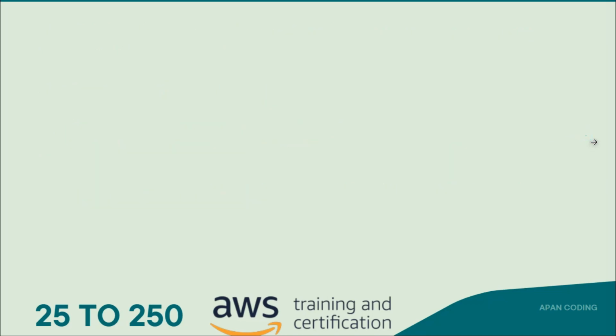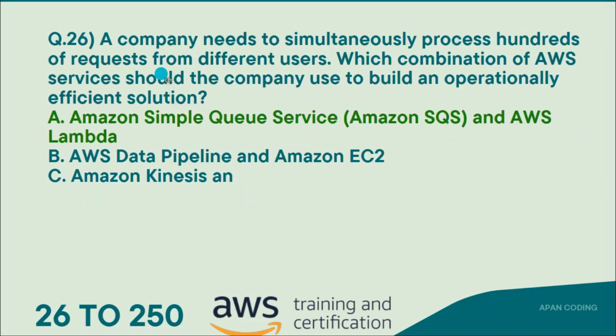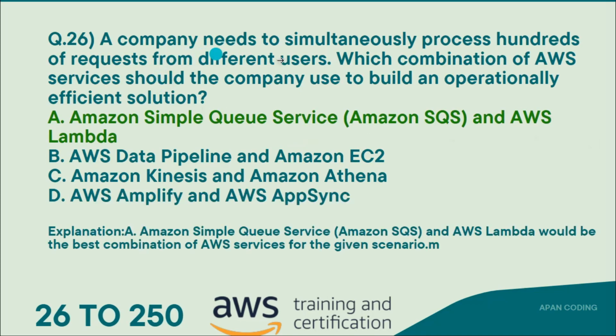We will see question number 26. A company needs to simultaneously process hundreds of requests from different users. Which combination of AWS services should the company use to build an operationally efficient solution? If you know the answer, do comment, but you can see on the screen Amazon Simple Queue Service (SQS) and AWS Lambda.